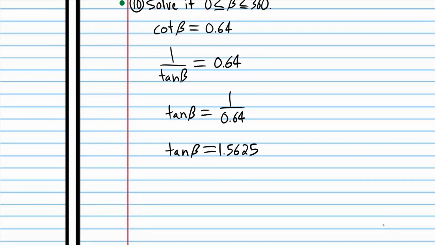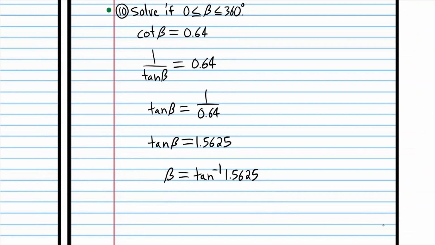So now we can use our calculators. We couldn't do it before, but now we can because we have a tangent inverse button. We didn't have a cotangent inverse button, but we have a tangent inverse button. And so I'm going to push the blue button at the upper left on my TI-84 Plus, then the tan button, and then 1.5625, and then enter.